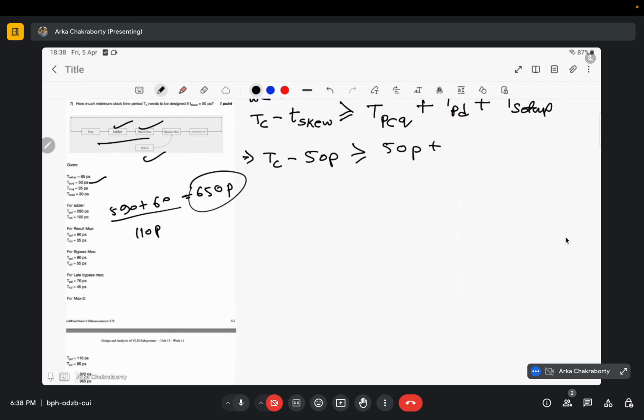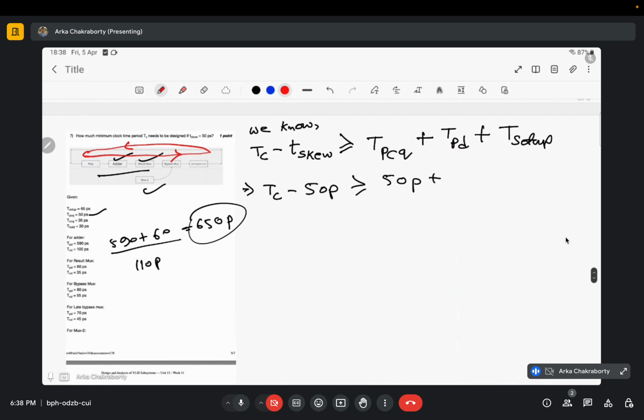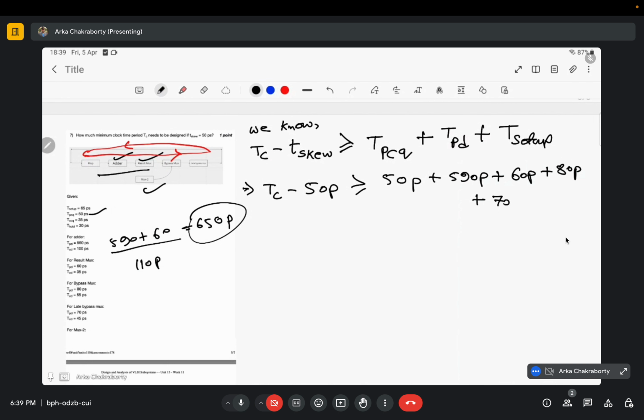So this is my path, the actual path that I'm interested in. The propagation delay term would be adder plus result mux plus bypass mux. So adder is 590 picosecond, result mux is 60 picosecond, and bypass mux is 80 picosecond, followed by late bypass mux, which is 70 picosecond.